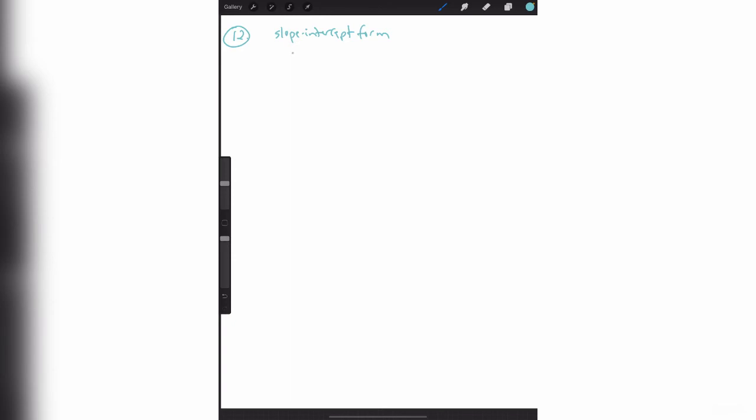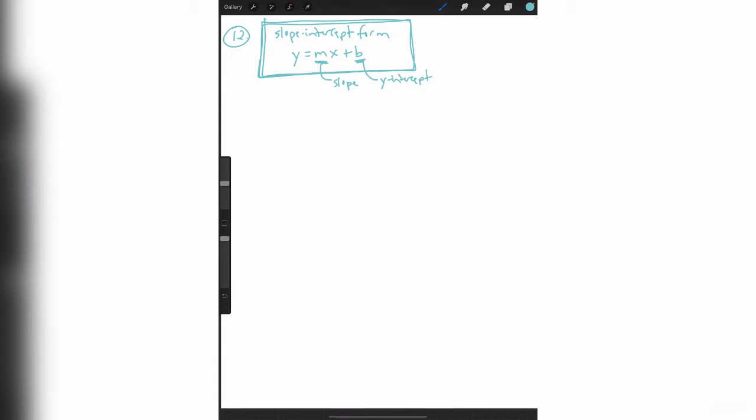Slope-intercept form, the equation for it is written y is equal to m times x plus b, okay? Just something for you to memorize, right? You'll be using it a lot. So slope-intercept form is y equals mx plus b. And it's called slope-intercept because m is our slope and b is our y-intercept.